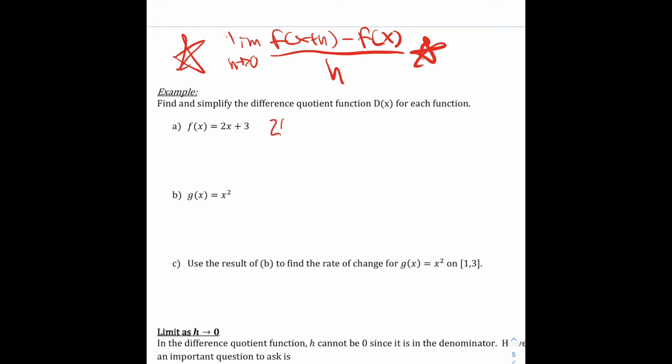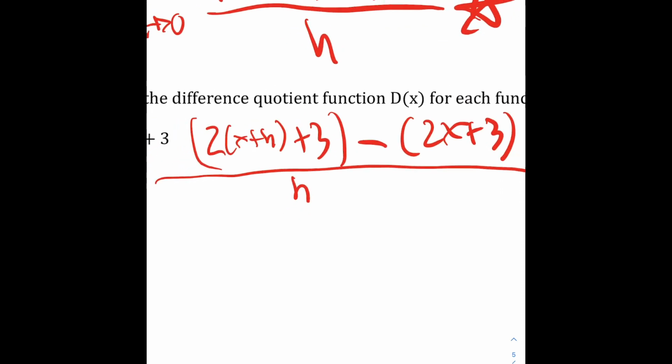So 2 times x plus h plus 3 minus 2x plus 3 all over h. I'm going to start to simplify. Again, these may take up a lot of room. 2x plus 2h plus 3 minus 2x minus 3 all over h.